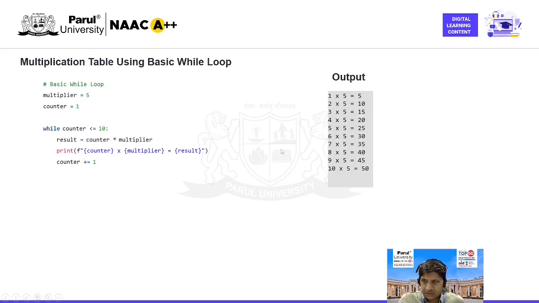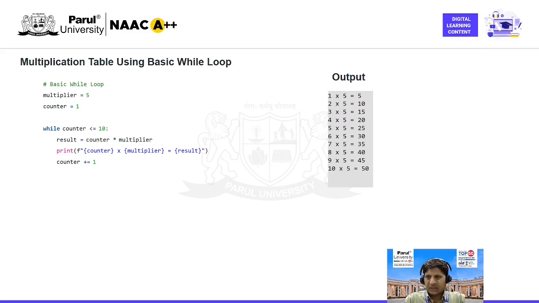Now the second example of the while loop. Suppose you want to print a multiplication table using a basic while loop. Multiplication table means, for example, 1 times 5, 2 times 5, 3 times 5, up to the 10 table. In the basic while loop, we declare a variable multiplier as 5 and counter as 1.